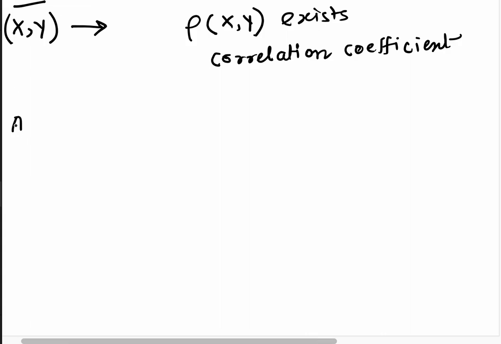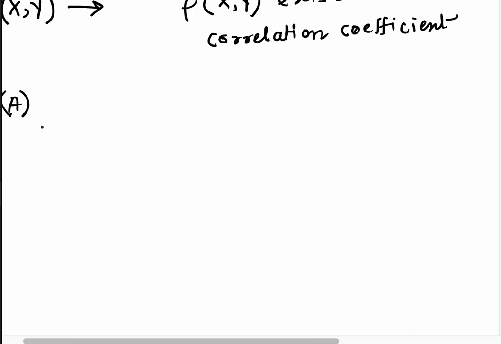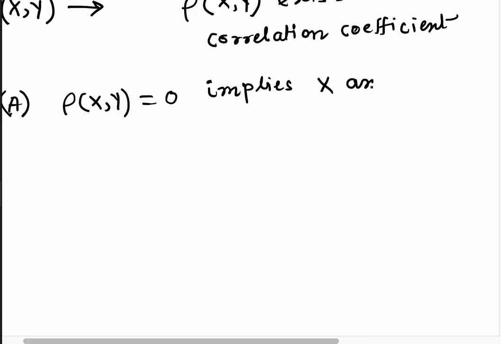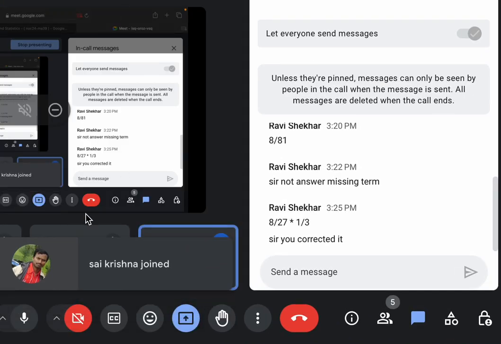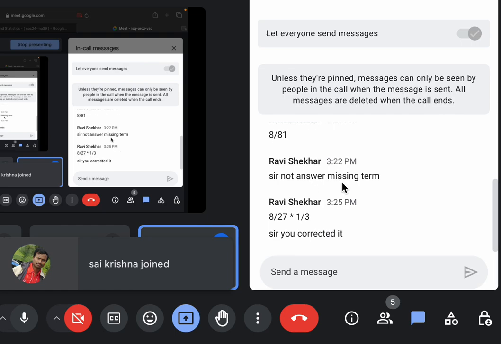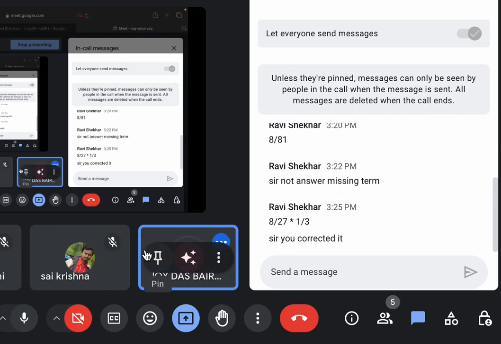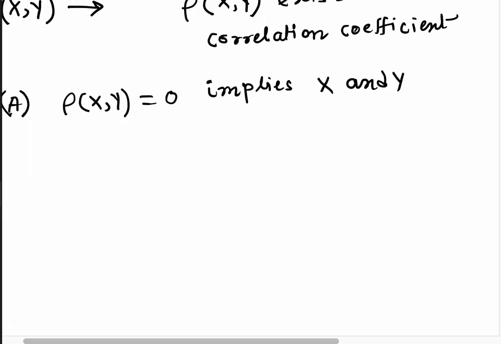So let me put the statements up below here. A: if the correlation coefficient rho(X, Y) is 0, does it imply X and Y are independent?